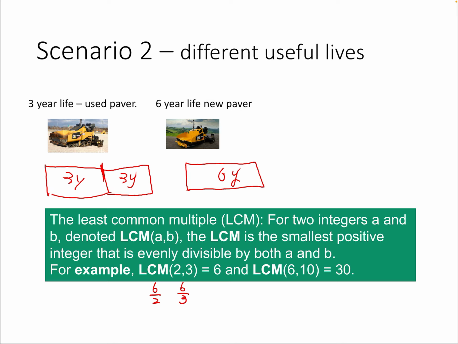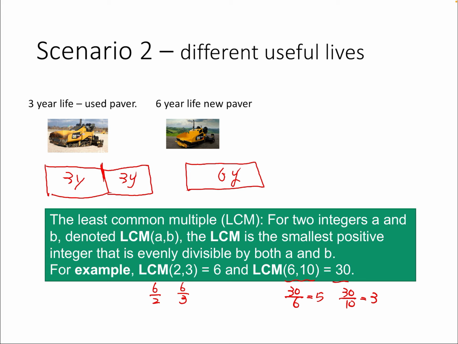And another example is the LCM of 6 and 10. It's 30, because 30 can be divided by 6 and you can get an integer out of it, and it also can be divided by 10 and you can also get an integer as a result. Okay, so this is what we call the LCM.